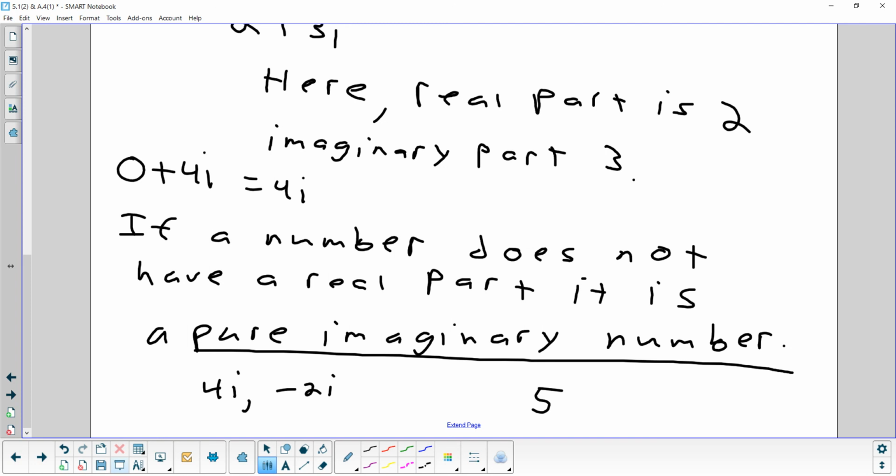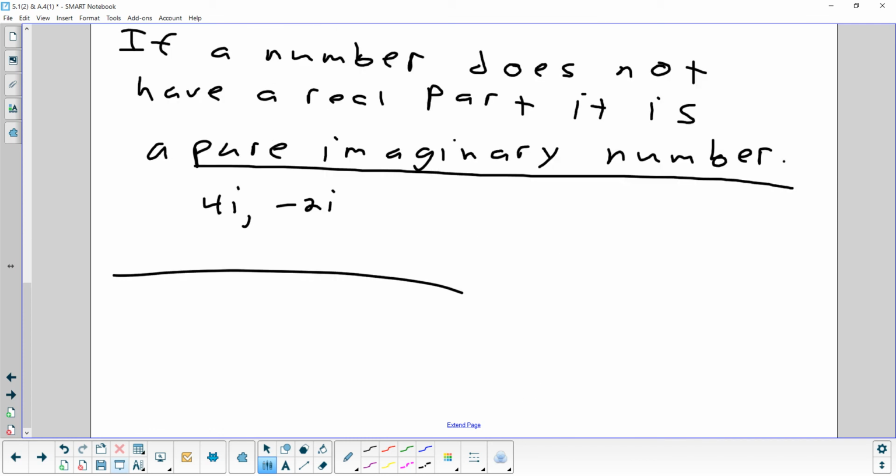I don't want to write it under pure imaginary though, because it's not imaginary. 5 is a complex number. It has a real part. If something has a real part or an imaginary part, it's complex. Think of the imaginary part like this. There is no imaginary part. When the imaginary part is 0, we normally don't write it. We would just write 5.